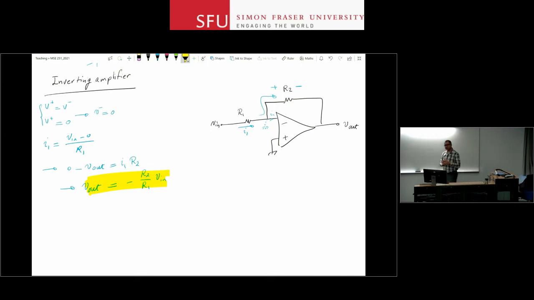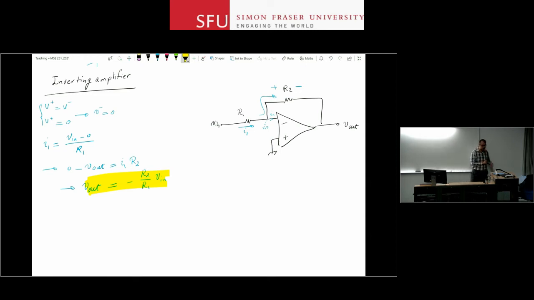You have a negative sign in front of the expression. That's usually not important, but we'll show you a different circuit that will even take care of that. Or you can chain 2 of these one after the other to get rid of the negative sign. But really, a simple way of making an amplifier. Just 2 resistors, 1 op-amp, done.